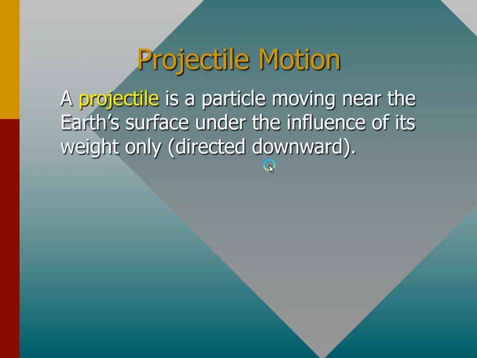So what is a projectile motion in general? A projectile is a particle moving near the Earth's surface under the influence of its weight only. Take note of the clue here: weight only. That means the only force acting on a certain particle is directed downward only.